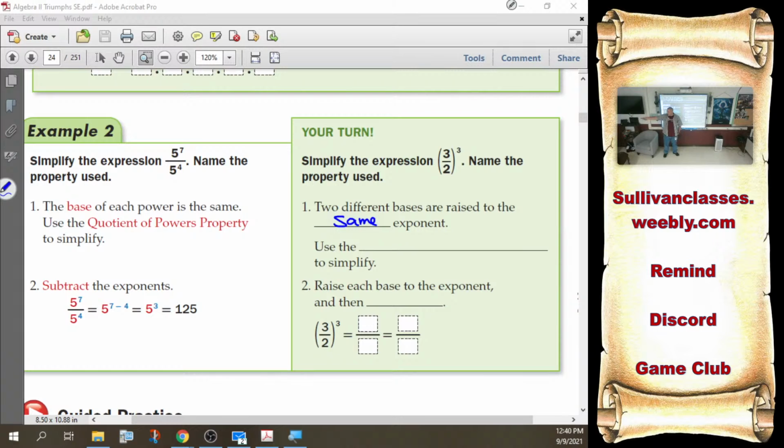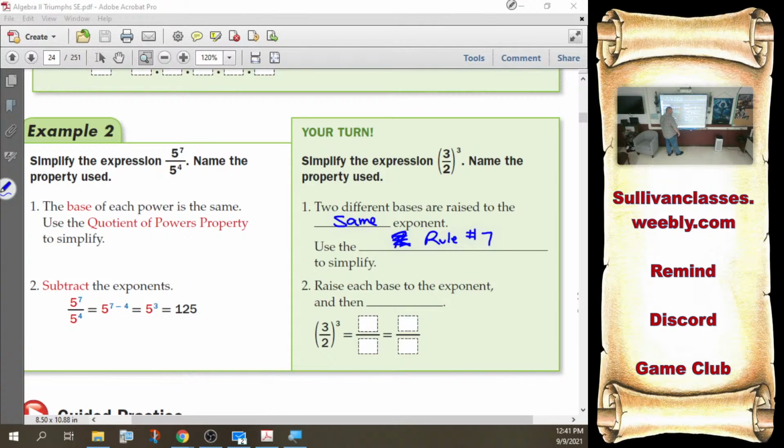Which property does it look like? Look through our list. 7. Rule number 7, parentheses stuff, fraction to an exponent. And that says everyone's getting that exponent, which is exactly what Caden just said. So I'm going to use, and I'll just simplify and say this is rule number 7.